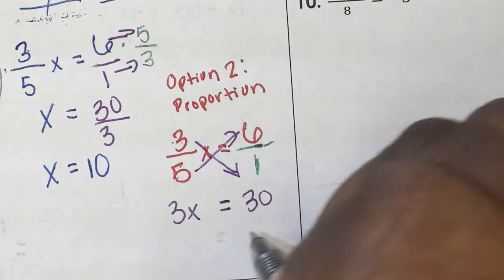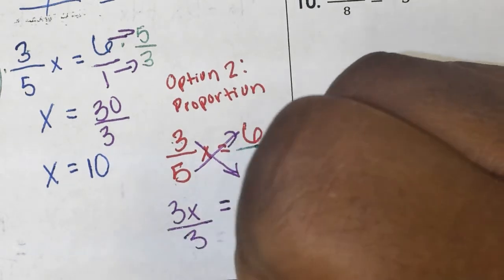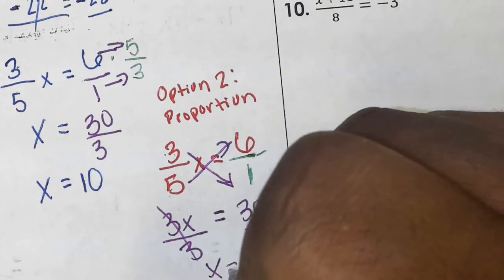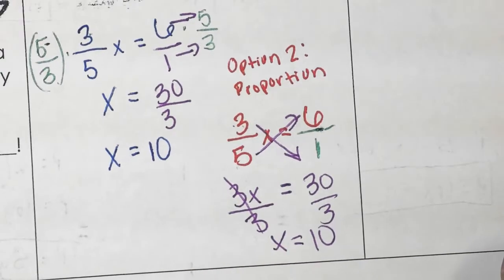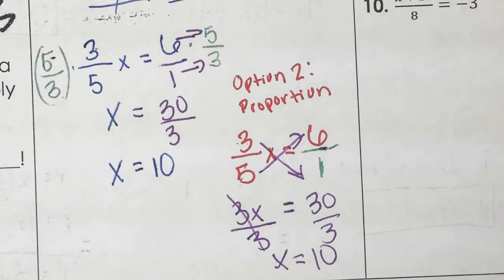You've got 3x equals 30. Divide by 3, divide by 3. X equals 10. You have two options to solve. Once you get to that point, it's really up to you. You can do the reciprocal option or you can do proportion, and you just need to recognize that's what you need to do in that situation.